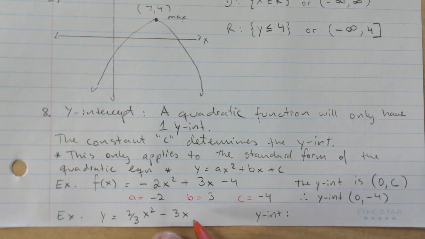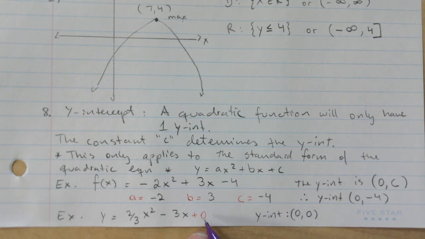Okay? So it's really plus 0 there. So the y-intercept is 0, 0. We've replaced C with whatever C value is in here, which is 0. So it's the origin.